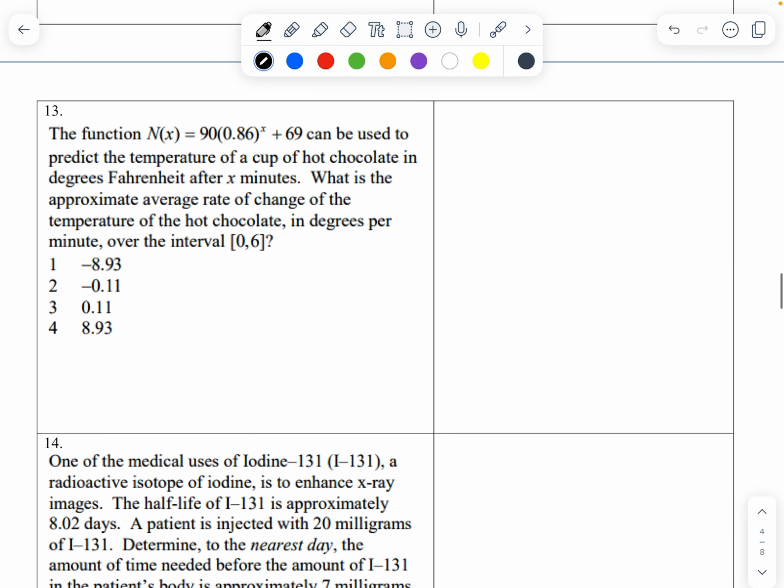Okay. Number 13. The function can be used to predict the temperature of a cup of hot chocolate in degrees Fahrenheit after X minutes. What is the approximate average rate of change of the temperature of the hot chocolate in degrees per minute over this interval? Average rate of change is very, very important. I always tell my students that in order to find average rate of change, you need 2 points.